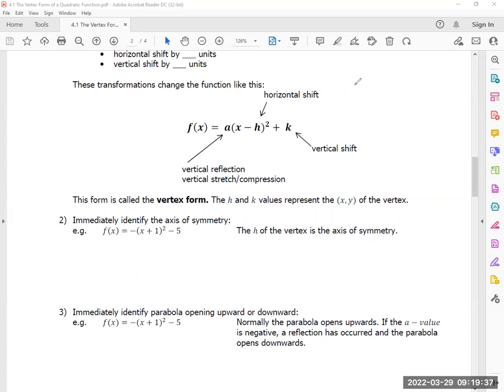Let's say, for example, I give you the function negative (x plus 1) squared minus 5. Because I know this is a plus 1 and that's a minus 5, my vertex is going to be negative 1, negative 5. Right away.